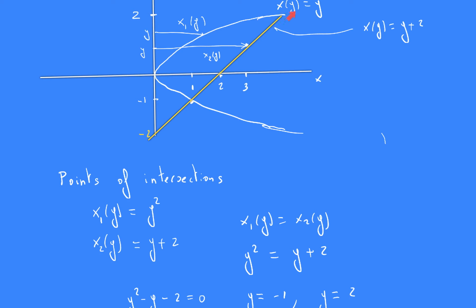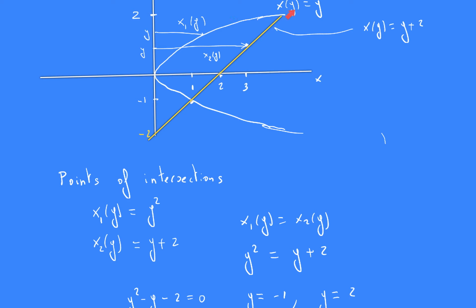What does x of y equals y squared say? Take y equal to 1, so the x will be 1 squared, which is 1. From here to here will be 1. Take y equals 2, so the x will be 2 squared, so this distance will be 4.